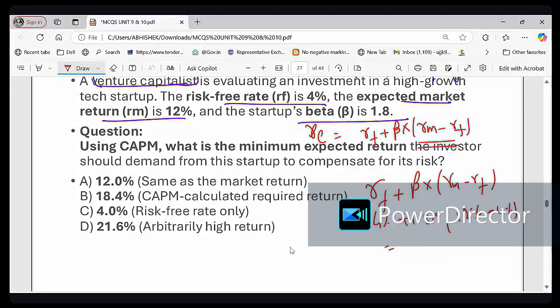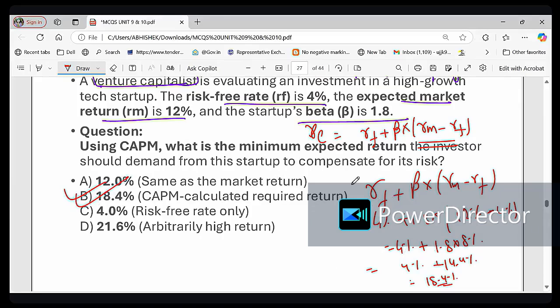Okay, let me explain. See, 4% plus 1.8 times 8%. So 1.8 times 8, how much is it? 14.4%. So the answer is 18.4%, right? So option B is the answer, right?